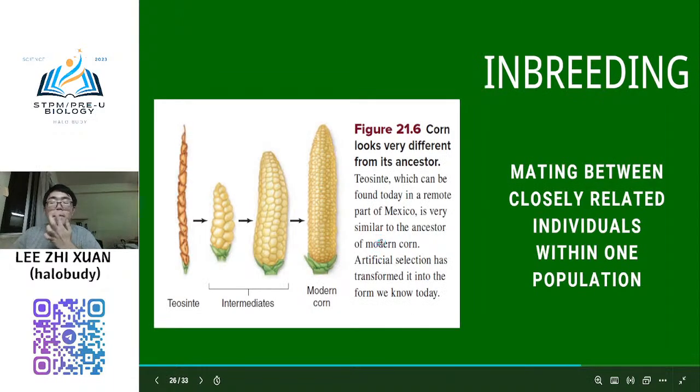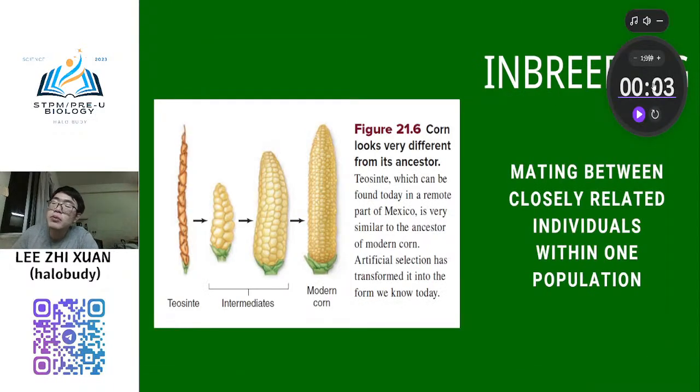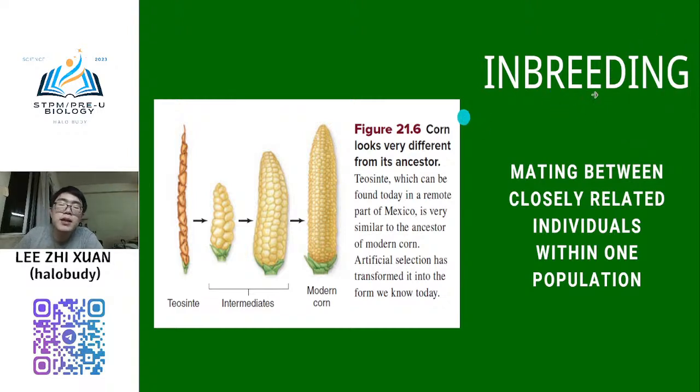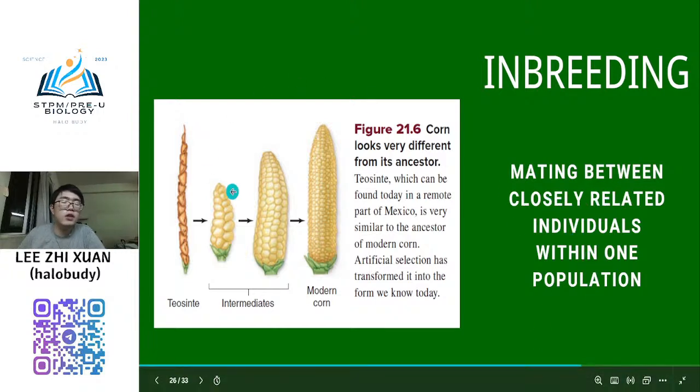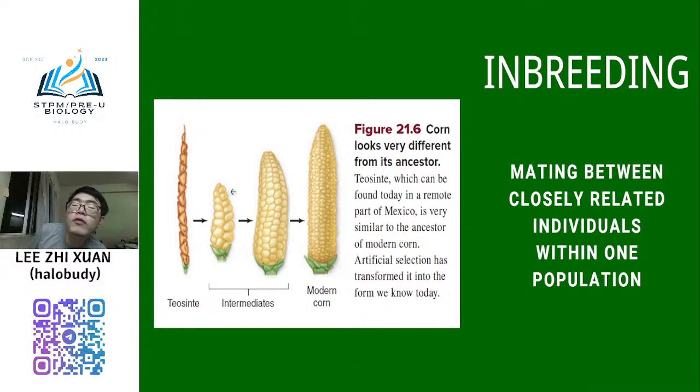Okay, and then there is also inbreeding. Inbreeding is mating between closely related individuals within one population, meaning that the characteristics of both individuals are very similar, with just some differences.